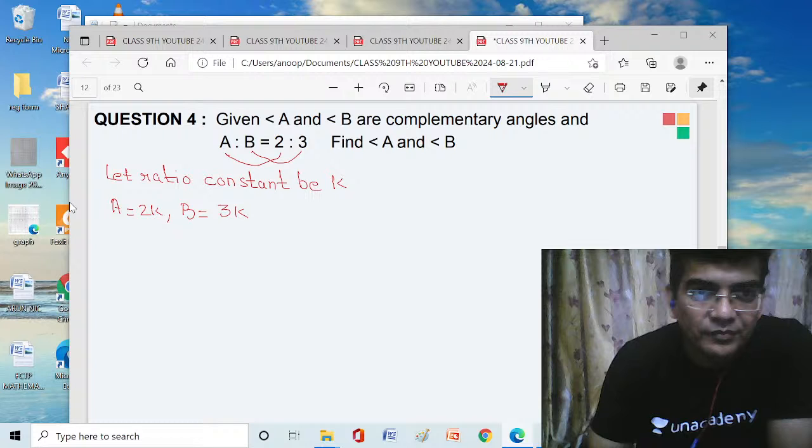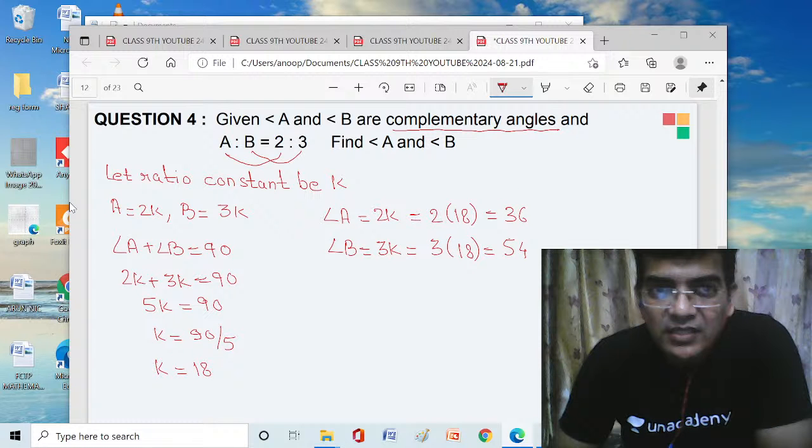So 3 into 18 will give you 54. If this is clear to you, now we have got angle A and angle B. Clear? So remember this, whenever they say that the angles are complementary, you have to take the sum as 90. Now let us move on to the next question that we have.